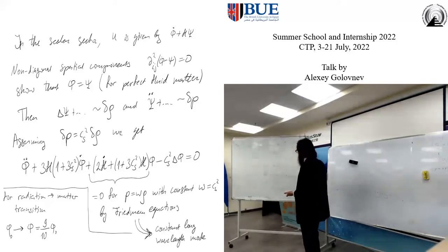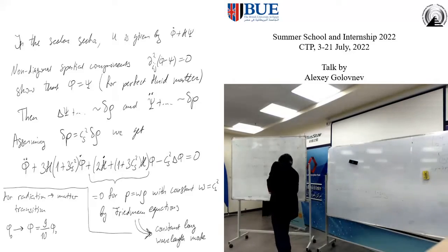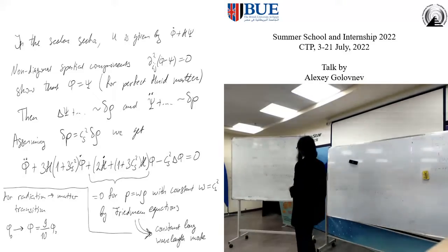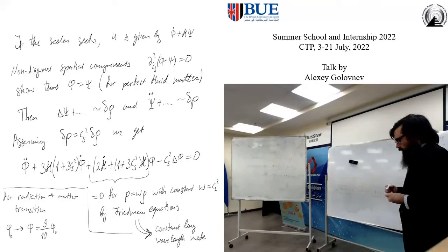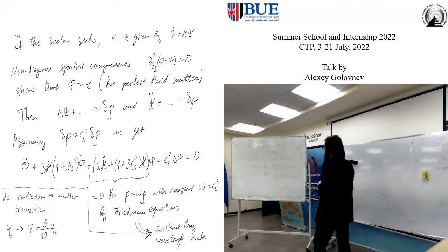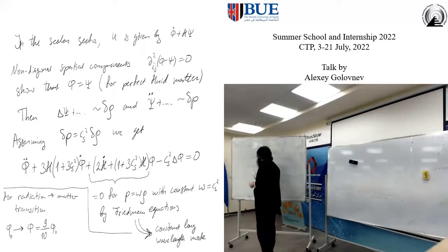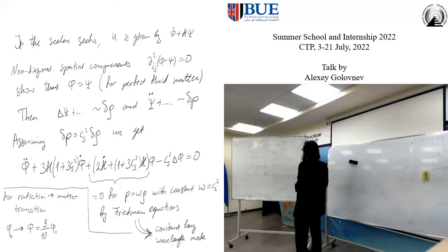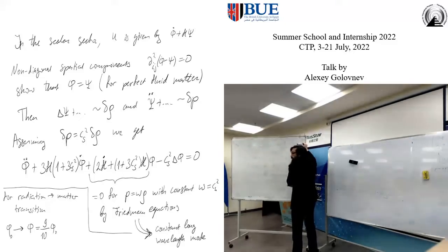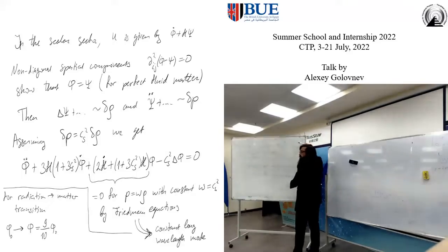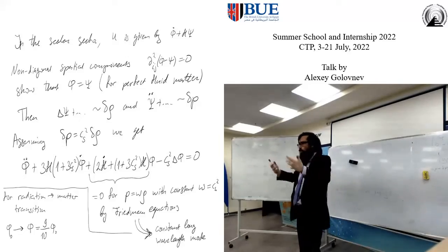By the spatial part of the Einstein equations, it should be proportional to the variation of the pressure. Here I have a Laplacian, here a second time derivative. It would not be dynamical by itself, but since it couples to my ideal fluid, I get a dynamical equation if I relate the perturbation of the density to the perturbation of the pressure. This is basically some acoustic wave in my fluid.